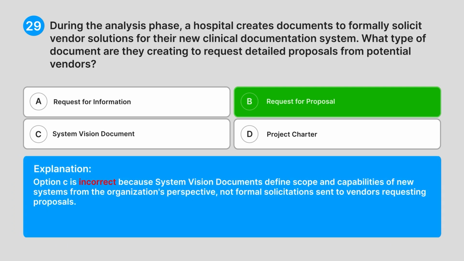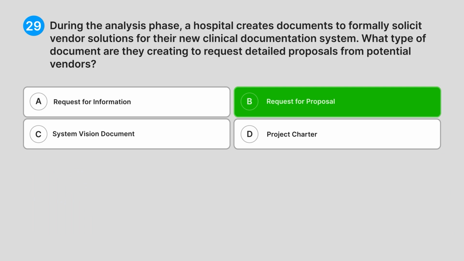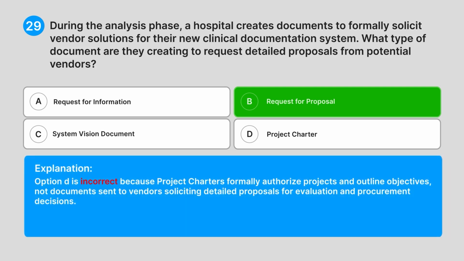Option C is incorrect because system vision documents define scope and capabilities of new systems from the organization's perspective, not formal solicitations sent to vendors requesting proposals. Option D is incorrect because project charters formally authorize projects and outline objectives, not documents sent to vendors soliciting detailed proposals for evaluation and procurement decisions.